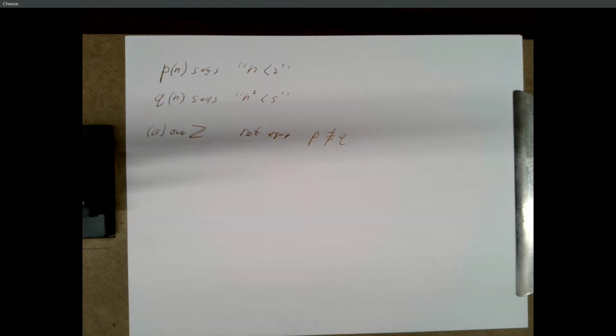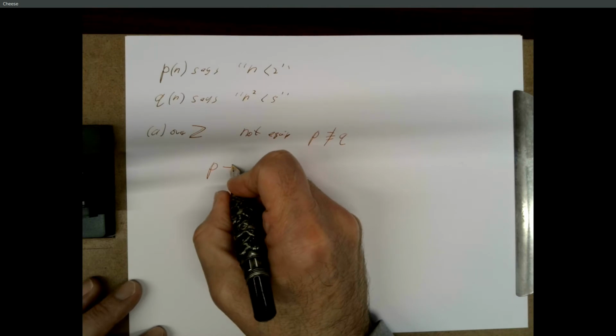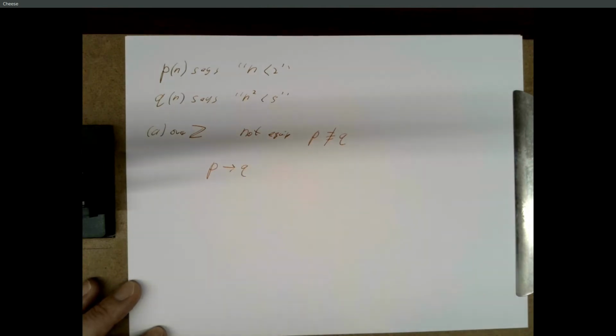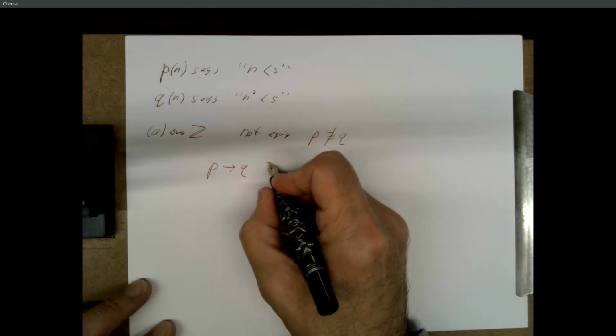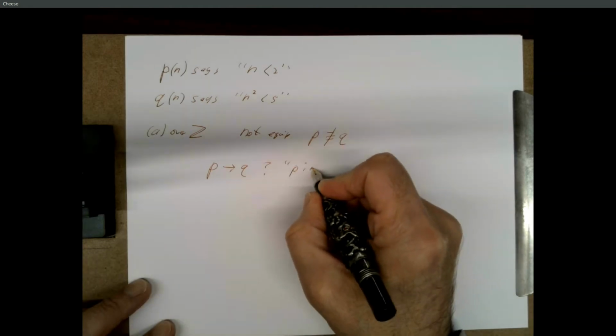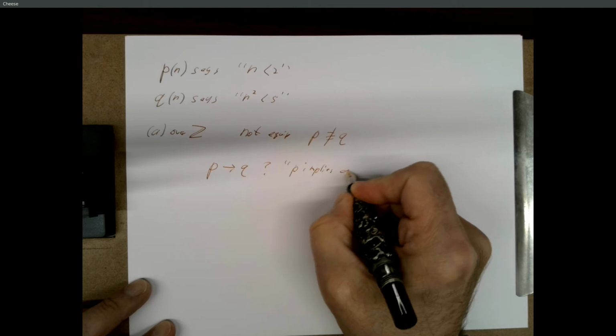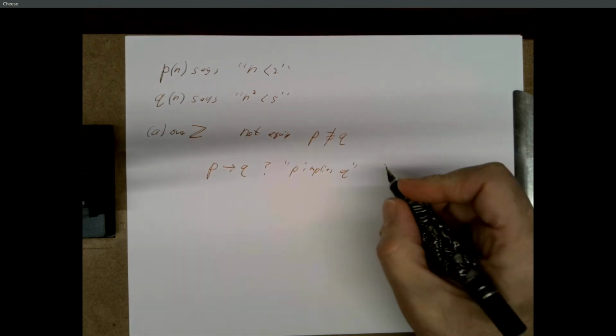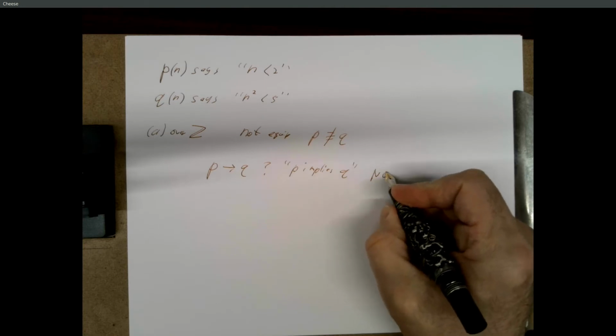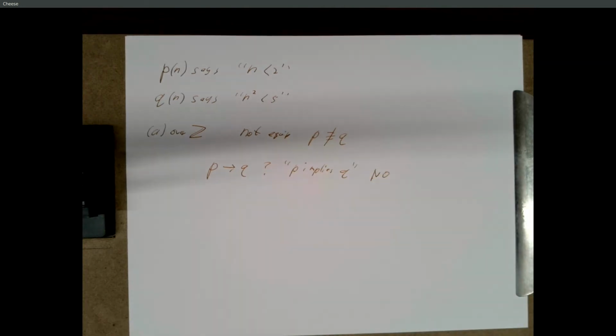Does one of them imply the other? So what does this mean? If P is true, is Q necessarily true? This means P implies Q. So if n is less than 2, is n squared less than 5? Well, we just said no, because -3 is less than 2, but its square is bigger than 5.